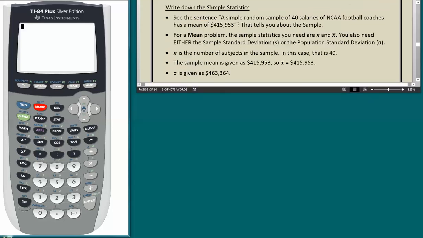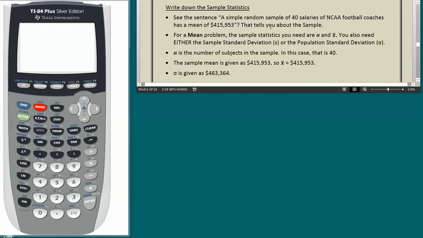The next thing is to write down the sample statistics. Now we can't see the problem anymore, but hopefully you remember what it said. The first bullet says, a simple random sample of 40 salaries of NCAA football coaches has a mean of $415,953. That tells us about the sample.